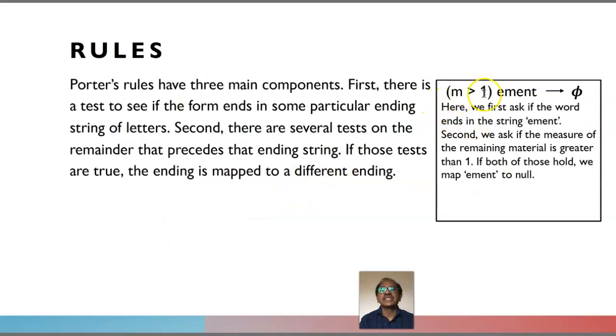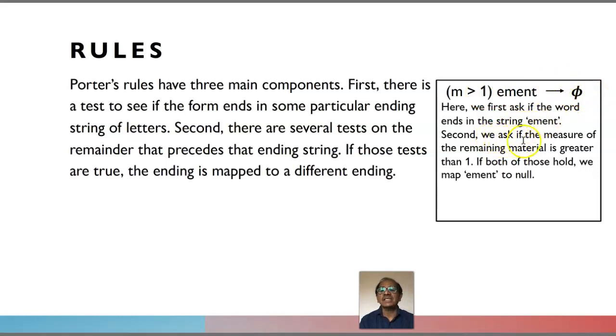So measure is greater than 1. That means there is at least one VC sequence, and the suffix is ement, E-M-E-N-T. Then it becomes null. So here we first ask if the word ends in the string ement. If the word ends in ement, look at the stem whether it has at least one VC. If it is there, then it becomes null.